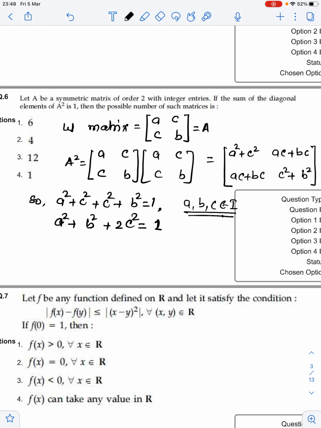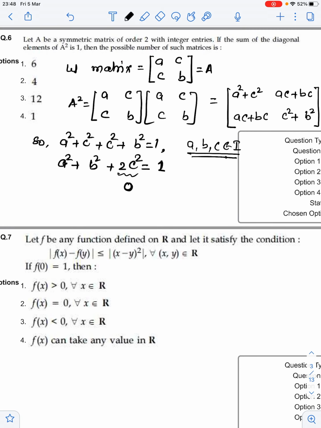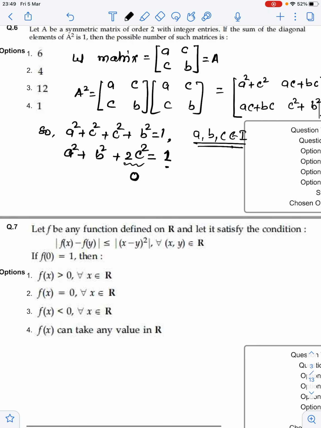Now as 2C square is a term, any nonzero integer C will not satisfy this, because the minimum value of 2C square would be 2, while the total is 1. So C has to be equal to 0 certainly. So now the equation left is A square plus B square equal to 1.